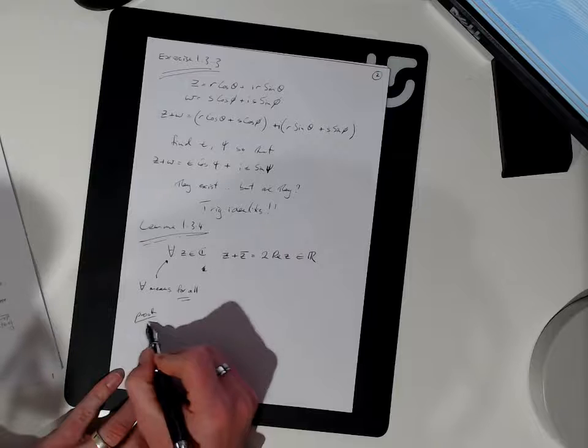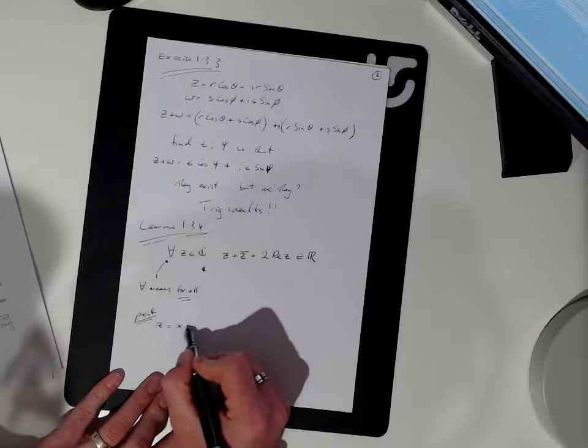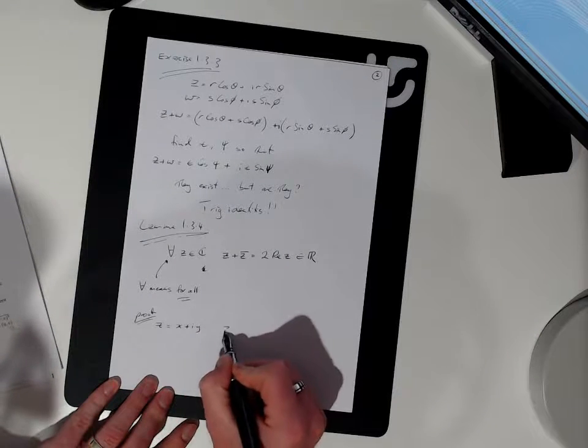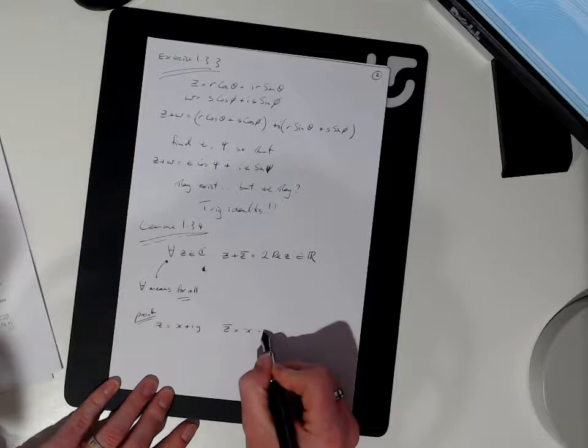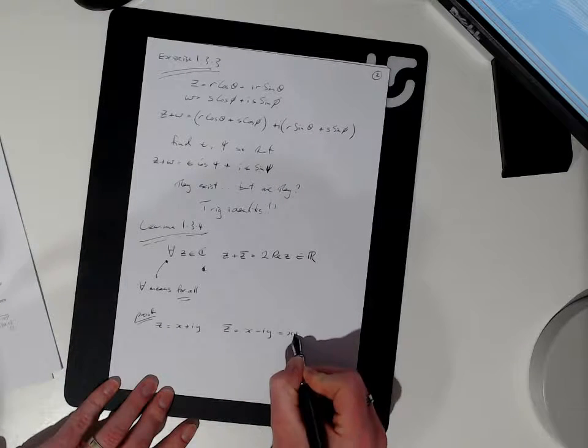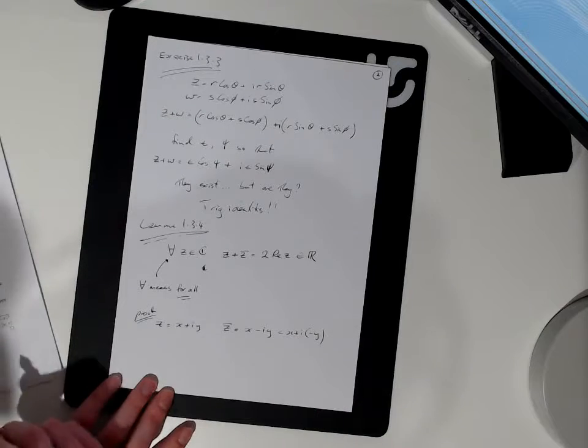Proof, so take z equals x plus iy, the complex conjugate is x minus iy, which is x plus i times minus y.